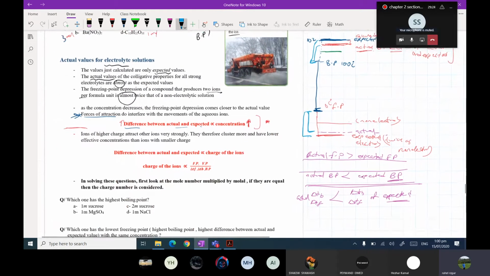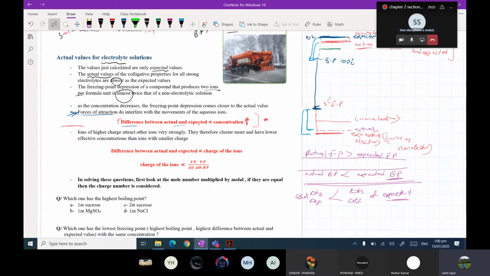The next thing: there is something else besides concentration affecting these actual values. And what is that?